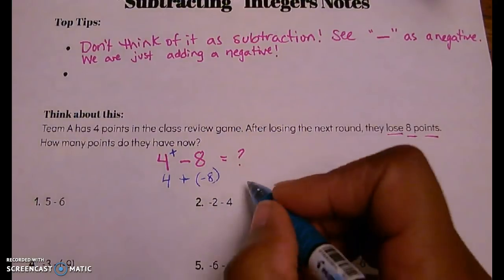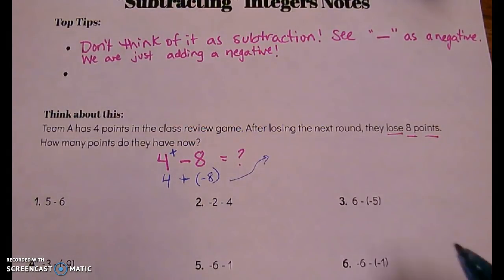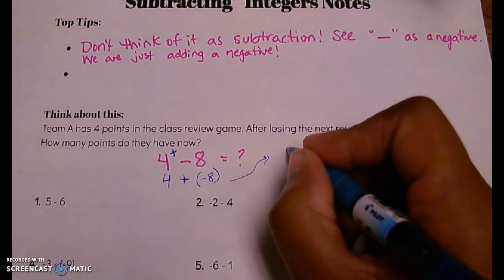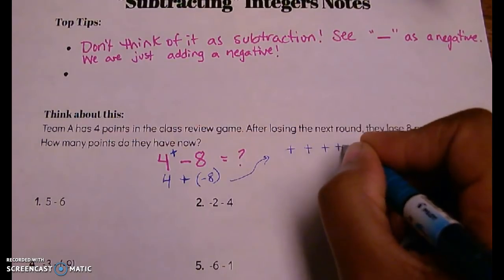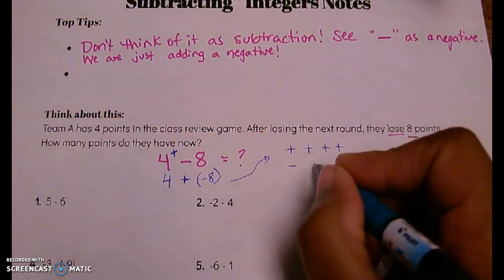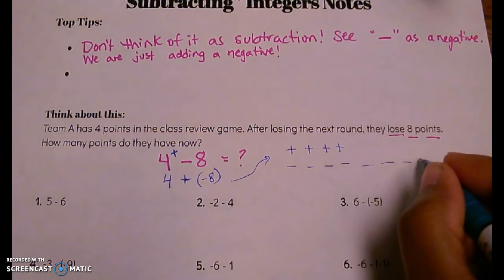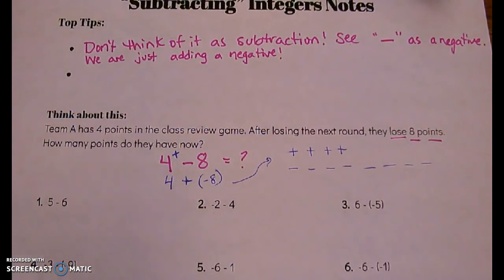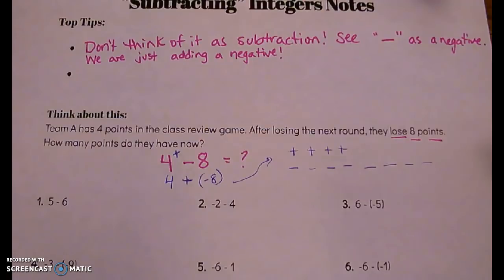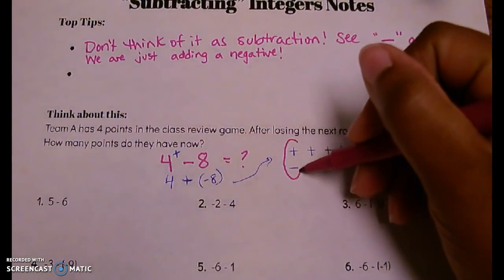I'm going to draw a picture. So that means I'm going to have 4 positives, and then I'm going to have 8 negatives. 1, 2, 3, 4, 5, 6, 7, 8. Then I'm going to circle all of my 0 pairs and cancel them out. Remember that a 0 pair is when you have a positive and a negative together.